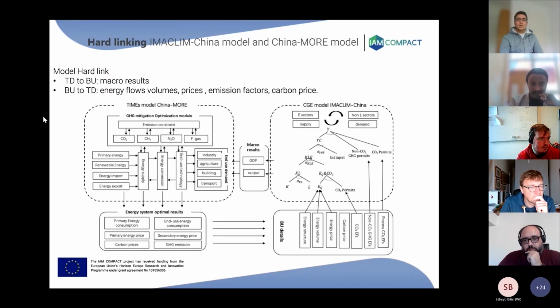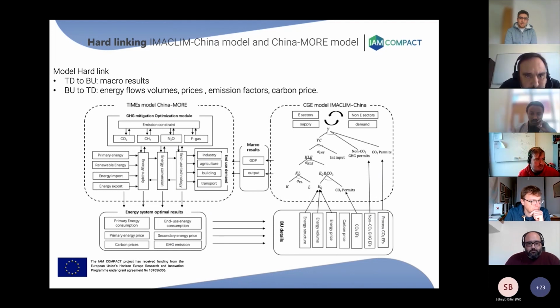As we introduced in the background part, the IMACLIM-China model and the China-Mo model have complementary advantages. Thus, we also attempt to link these two models. The IMACLIM-China model transfers the macro results, including GDP and sector output, to the China-Mo model as input.